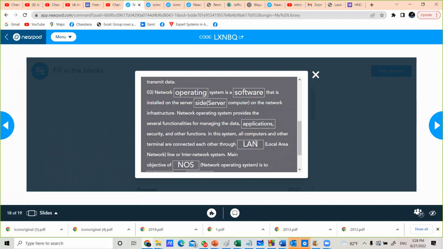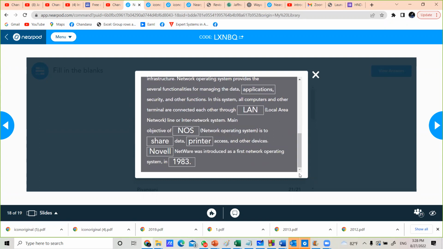In short, we can say LAN. The main objective of NOS, network operating system, is to share data, printer access, and other devices.